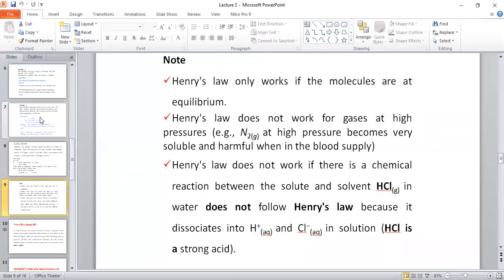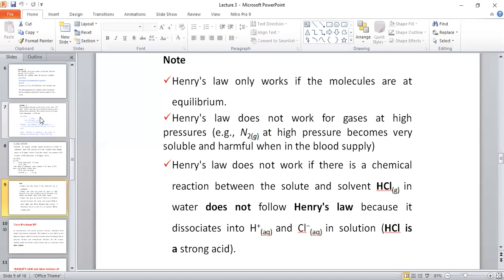Note the following about Henry's law: it only works if the molecules are at equilibrium. And we will see that; I'm going to explain more, even apart from what you have seen before. Also note that Henry's law does not work for gases at high pressure.